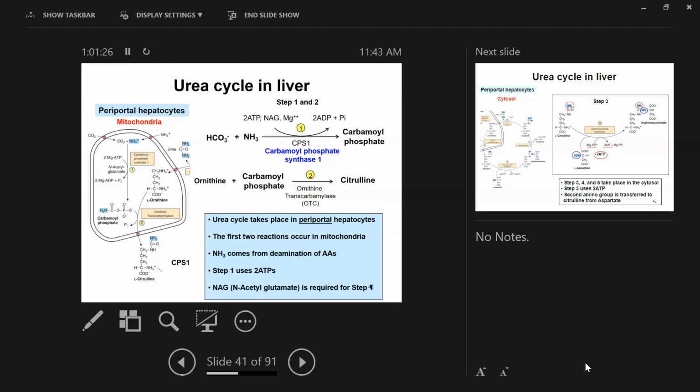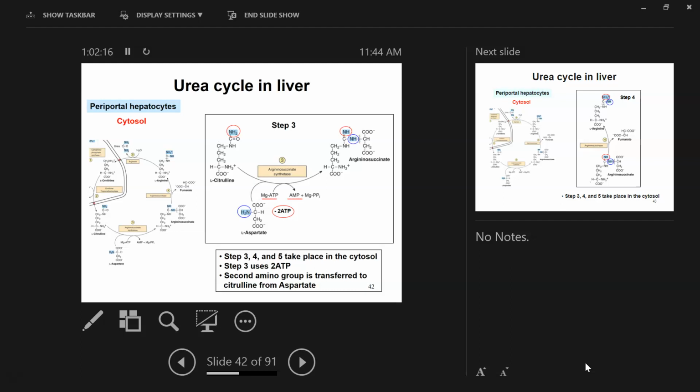Again, I repeat many times, because in order to metabolize carbon, we need to remove nitrogen from the amino acids. Step 1 uses 2 ATPs. And NAG, N-acetylglutamate, is a compound required for step 1, for CPS1 enzyme activity. All these points you probably want to remember to help you understand the first two steps of the urea cycle in the mitochondria.